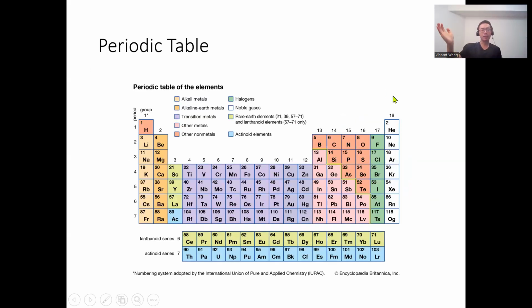All the elements that we have discovered in the universe so far are listed on the periodic table. If you can find it on the periodic table, then it is an element. I cannot find water, for example, on the periodic table, so water is not an element.